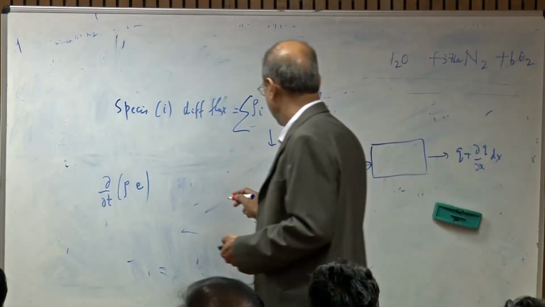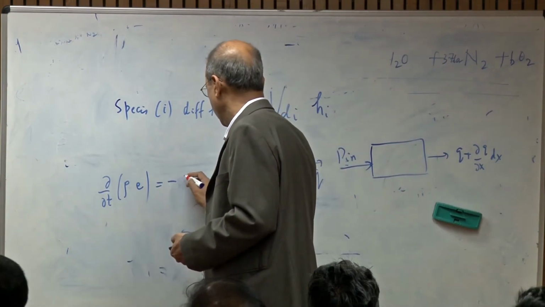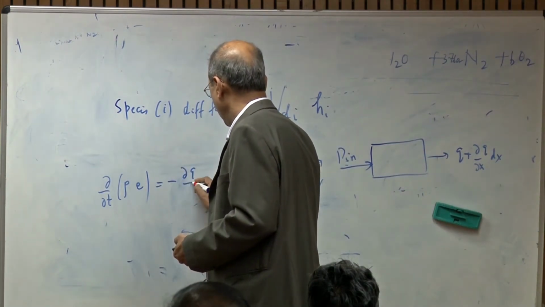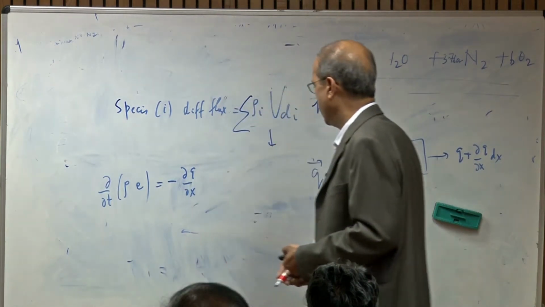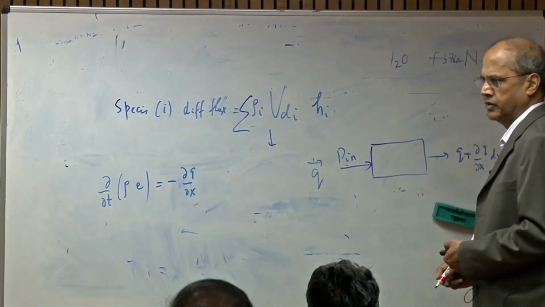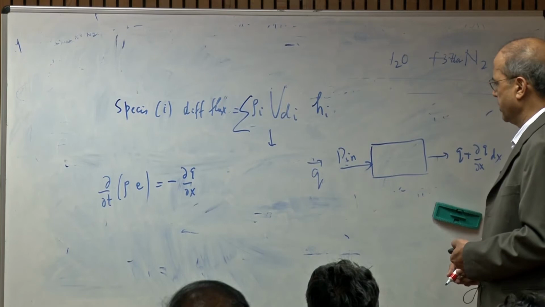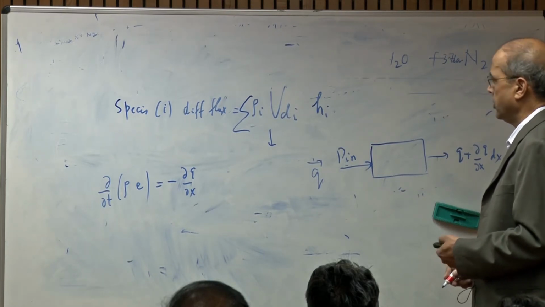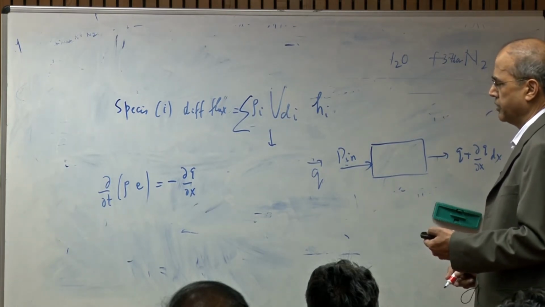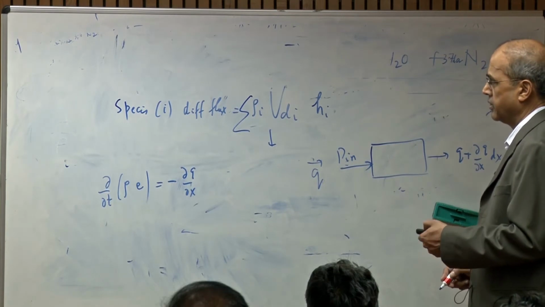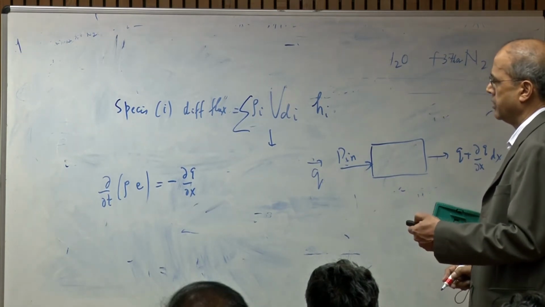And then on the right-hand side you'll have the partial derivative of q with respect to x. So that's those two terms, Pi in minus Pi out.